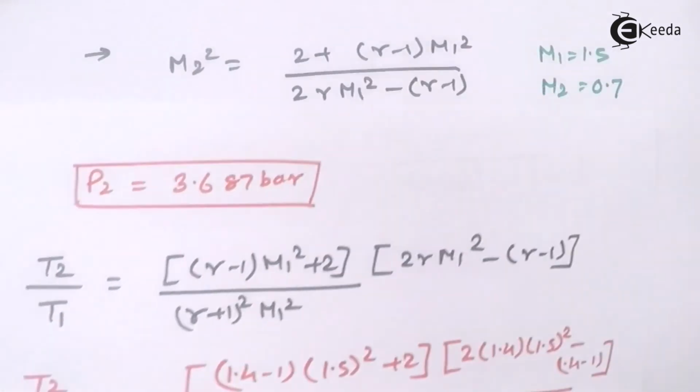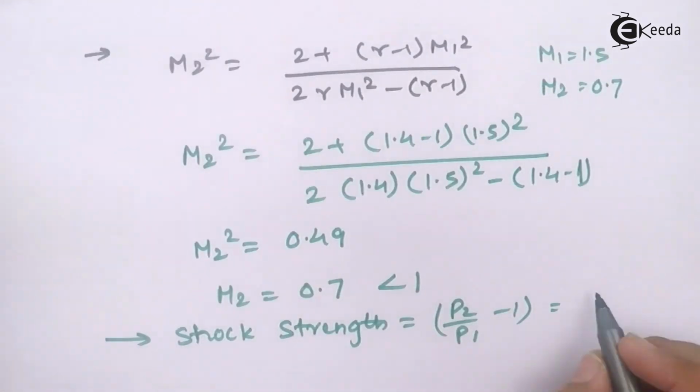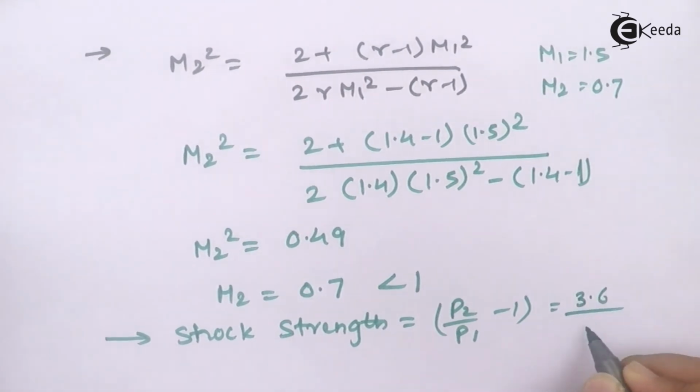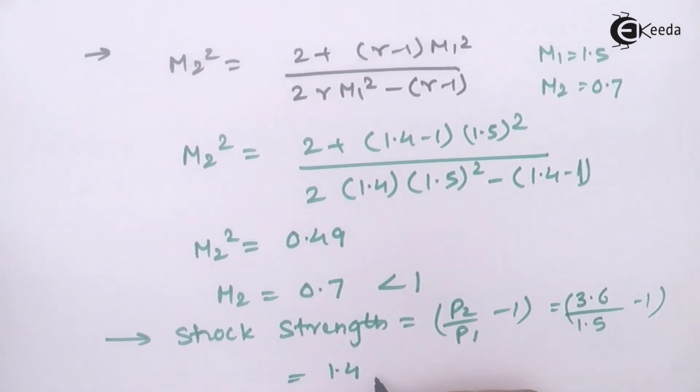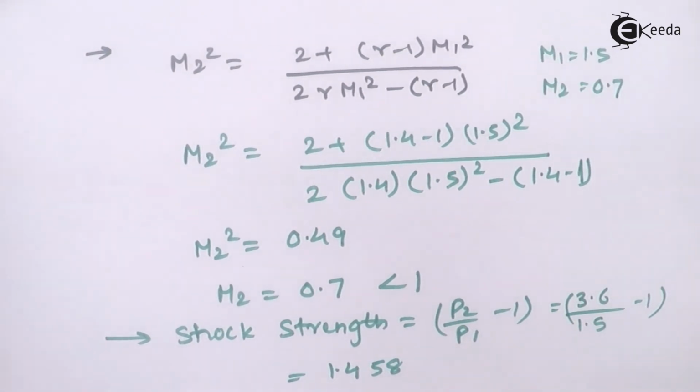The initial pressure was 1.5 bar, so this is 3.6 upon 1.5 minus 1. The shock strength comes out to be 1.458. So this is the shock strength which we get from the evaluation.